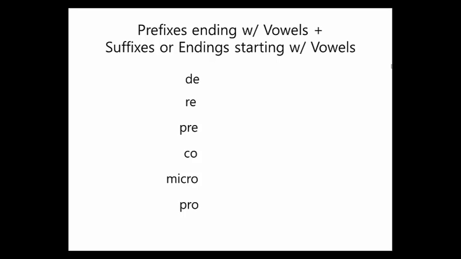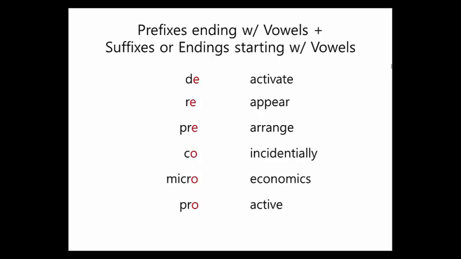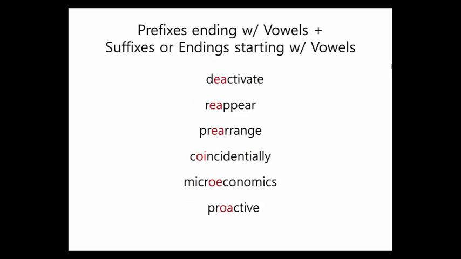But there are a few words where a prefix that ends with a vowel will be connected to a word that begins with a vowel. And in this case, the rules will not help.